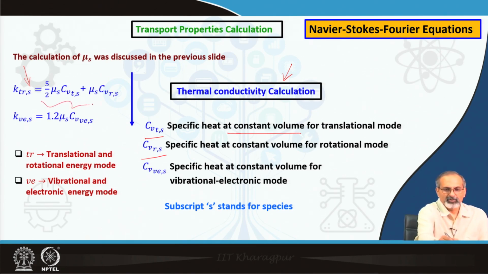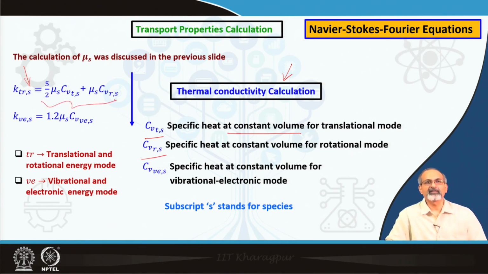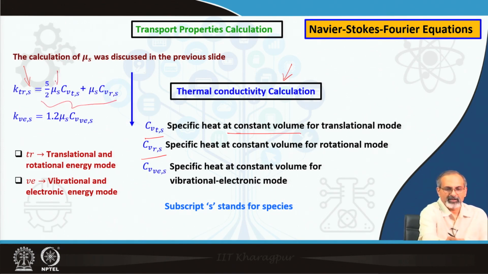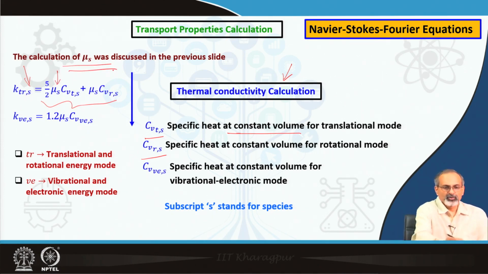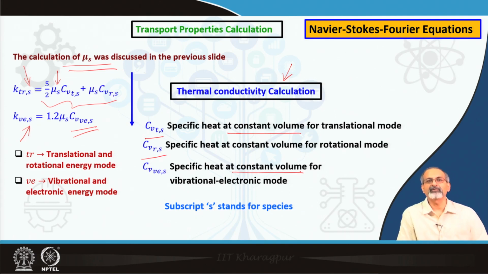So, you sum them together to get that for translational and rotational, and of course, mu s is plugged in for each species based on the calculation we showed in the previous slide. Then going to the vibrational and electronic, you have the C V V E s, which is specific heat at constant volume for vibrational and electronic energy modes, and based on that you calculate the thermal conductivities.